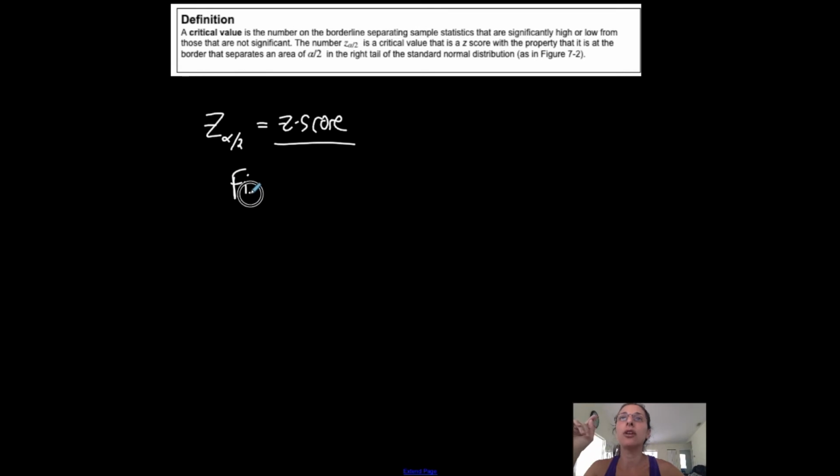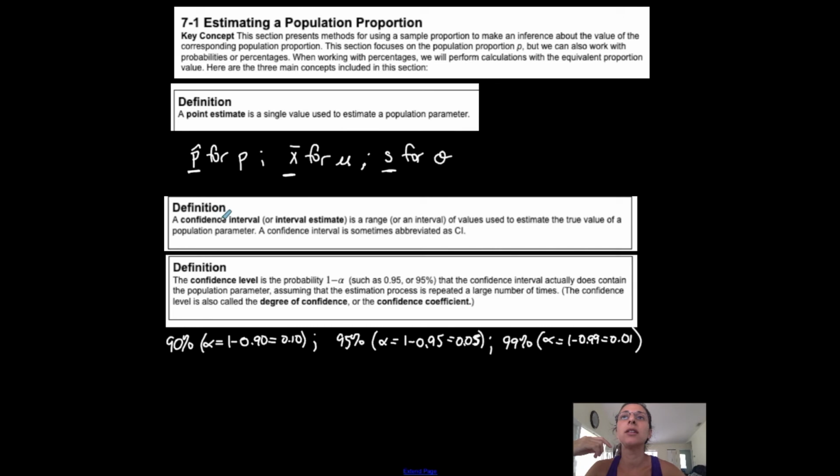So let me just start first by finding critical values, because you technically know how to find them, but I'm adding something else because now you're taking it from a confidence level. So if I ever write CV, critical value, if I ever write CI, confidence interval, if I ever write CL, confidence level.